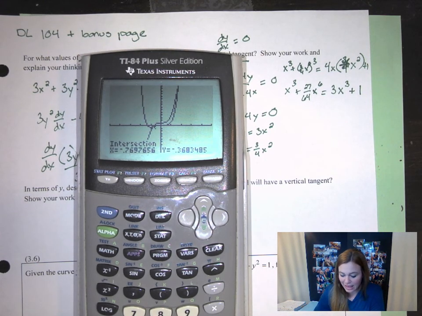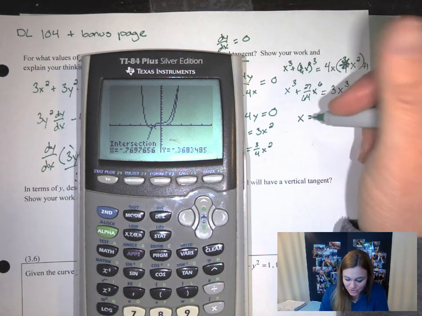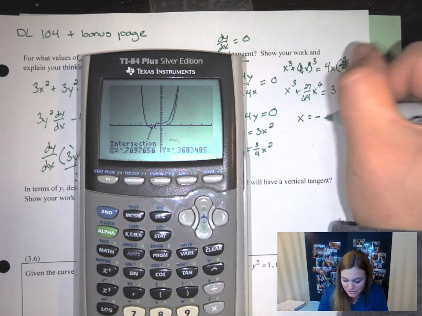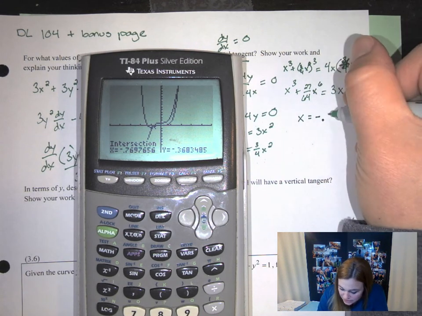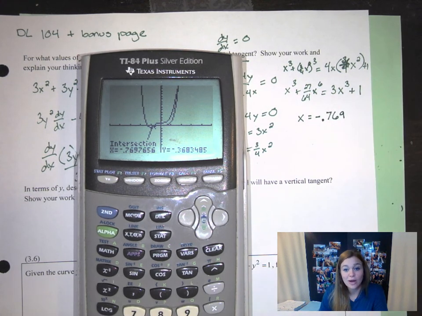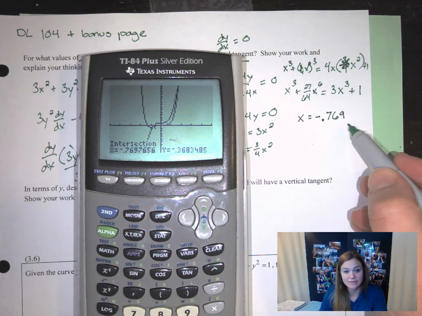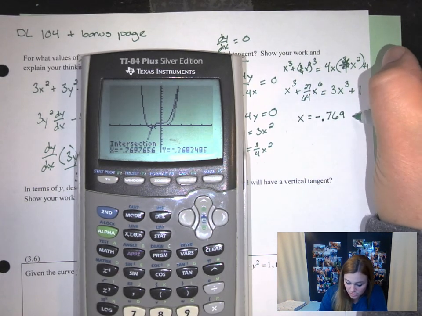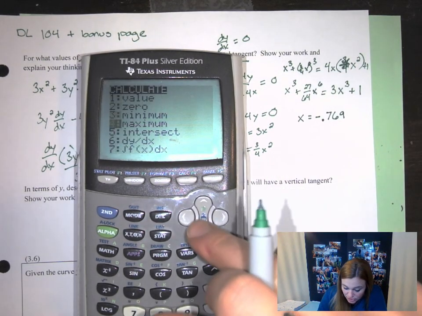So in this, I would get x is equal to, this is my final answer in this, so I can round this to 3 decimal places or truncate, meaning I can close this off. So -0.769. So I decided to truncate. If you decided to round, you would have to write -0.770. Either one is fine. And then the other value, so I can calculate intersect.